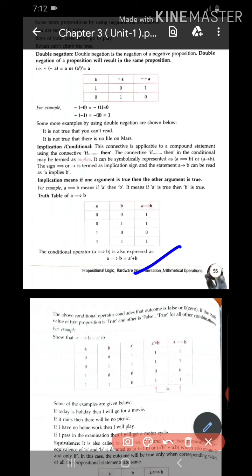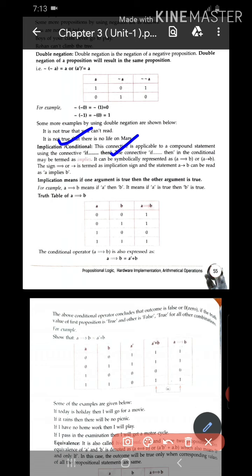First of all, you have to know how we are going to write implication or conditional in the form of a sentence, that is if, then. If you want to write it in the form of a symbol, you can write A arrow B, or you want to say it, then you have to say A implies B. If you want to talk about the formula for that, then we are having the formula A dash plus B.